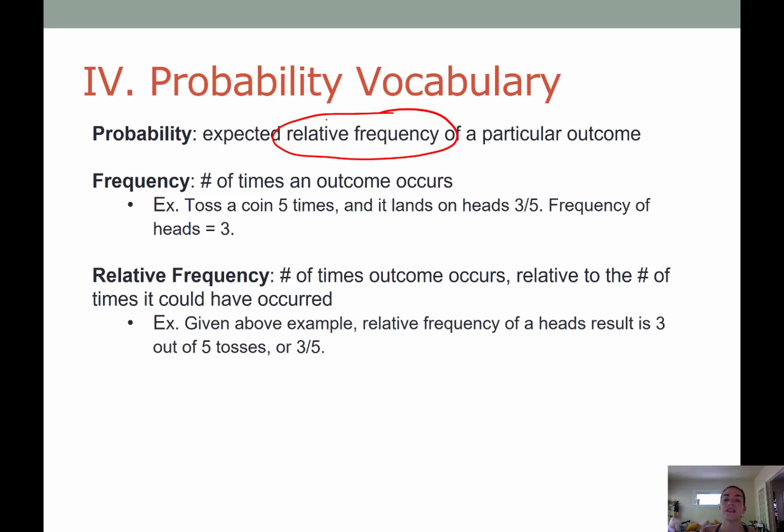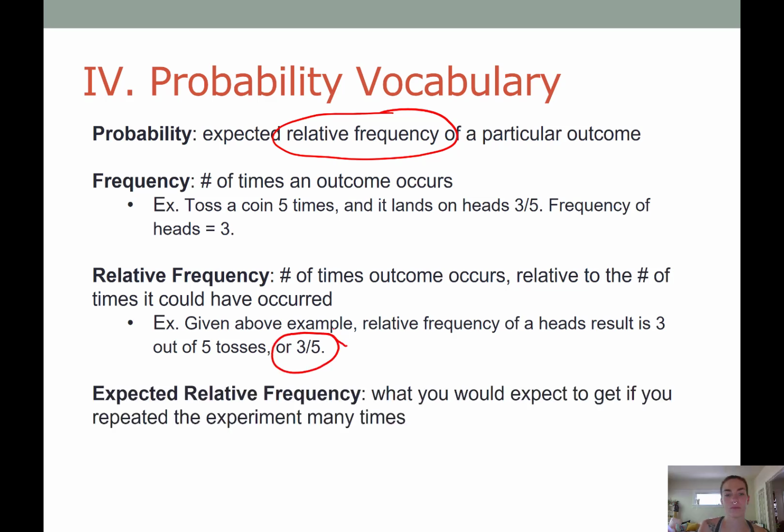In the same example, if we toss a coin 5 times and it lands on heads 3 times, then the event occurred 3 times, the frequency was 3, but it could have potentially occurred 5 times, right? We could have gotten 5 heads in a row. So the relative frequency is 3 out of 5.